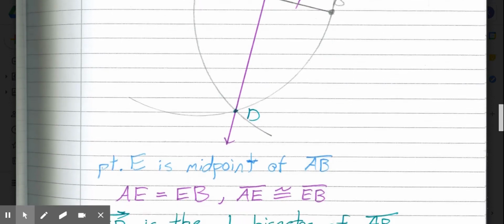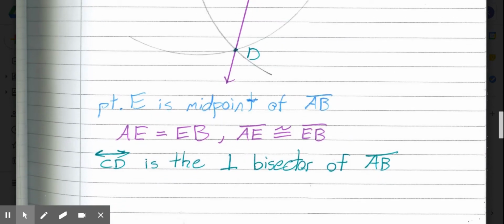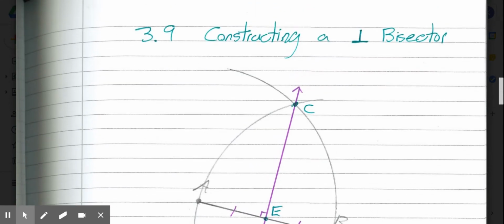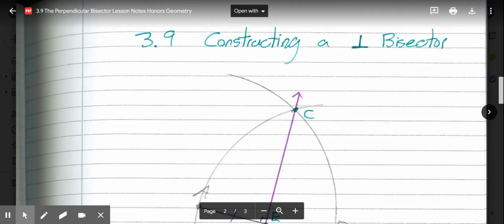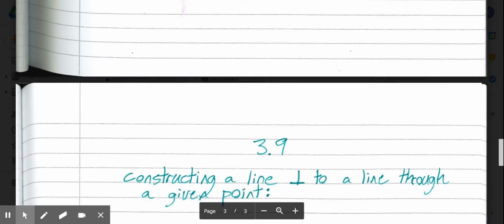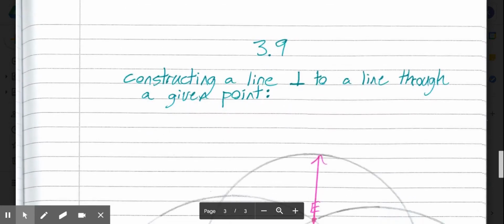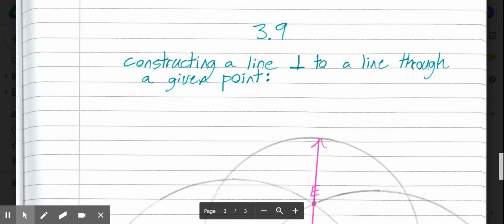Now, there are a couple extra notes on there, but I'll create a separate video taking you through step by step how to create this perpendicular bisector. And on page 3, the other construction in the notes is constructing a line perpendicular to a line through a given point.